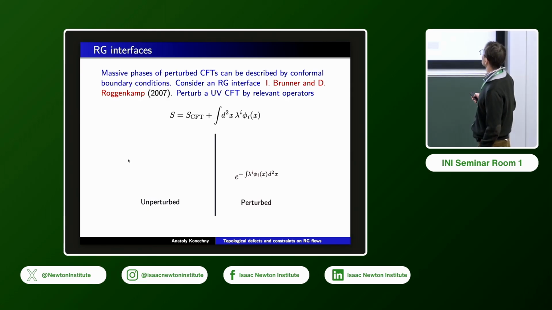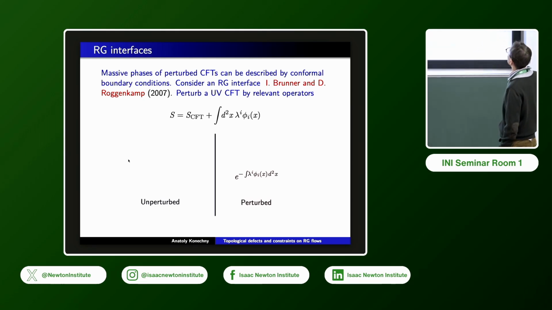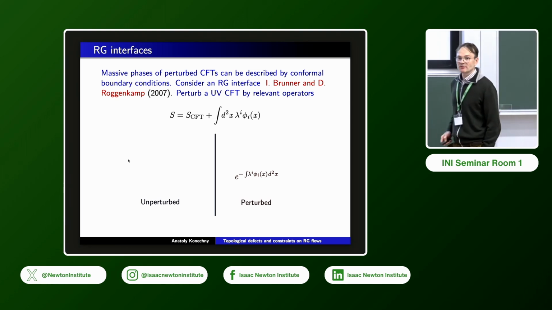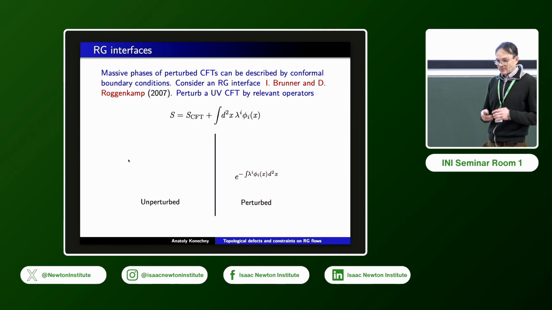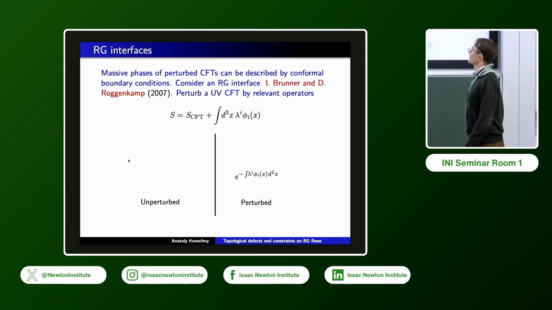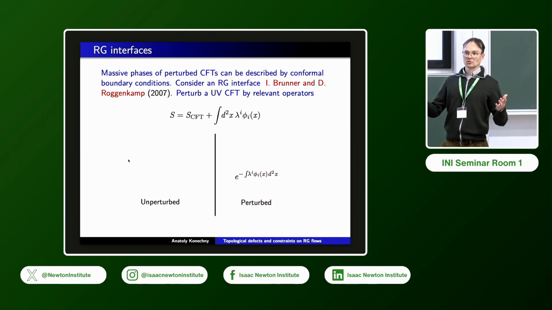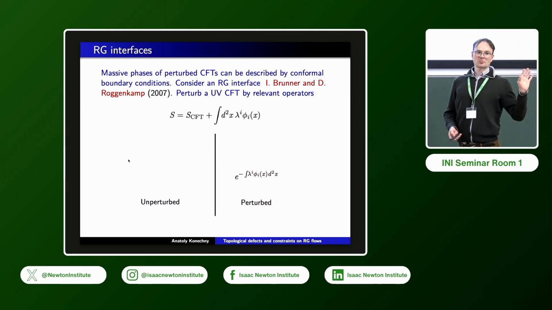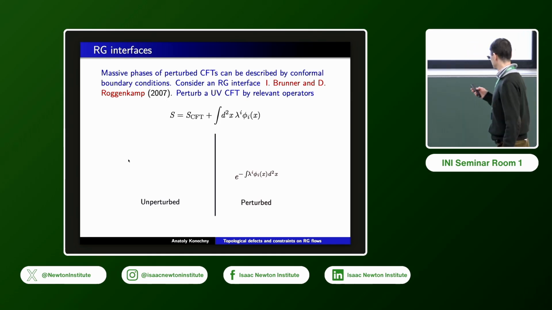So you can think of it as a deformation interface, but since you can follow along the RG flow with it, in the far infrared you expect that everything will be conformal, scale invariant, and then what you get you can call the RG interface. It's like a remnant of the RG flow. It's a conformal object which is left behind the flow.